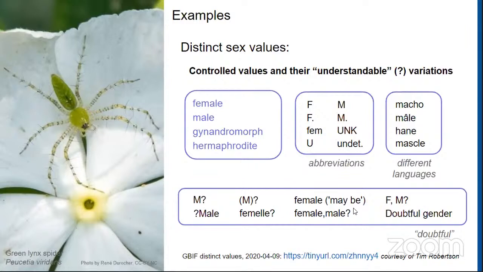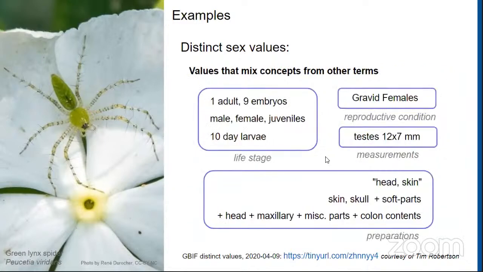And then there are other values that have mixed concepts. So this means in the sex field, people are capturing, for example, male, female, juvenile, where these two are really information about sex, but this one is not really about sex, but about life stage.